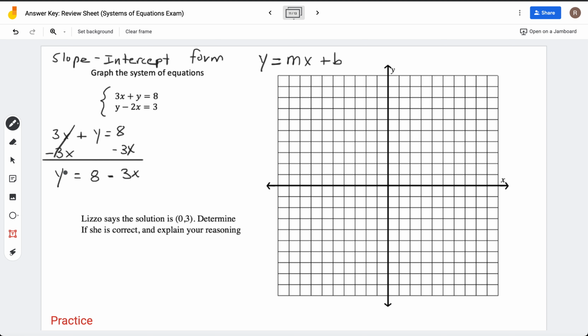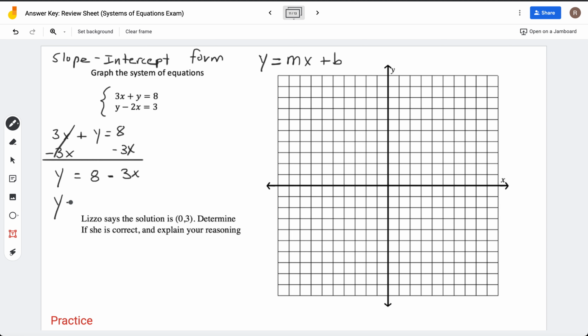Now hold on a second. This doesn't look like slope-intercept form. In slope-intercept form, we have the term with x first and then our constant after. A constant is a number without a variable. So we have to rewrite this equation so that the term with x comes before the constant.